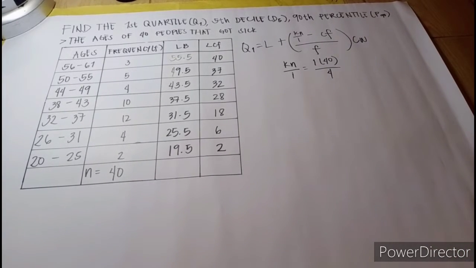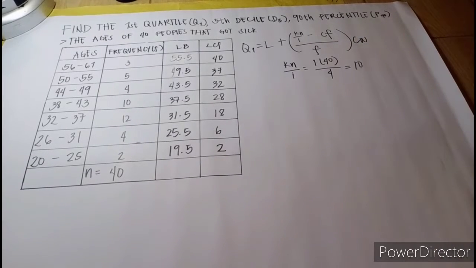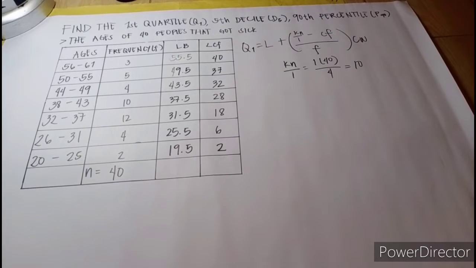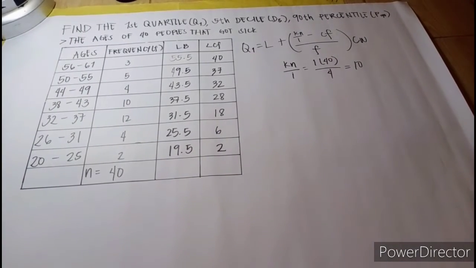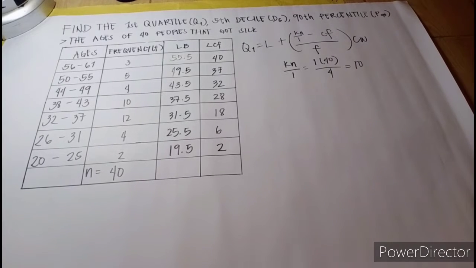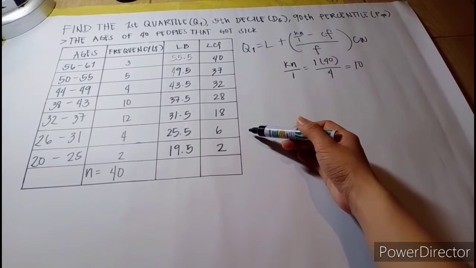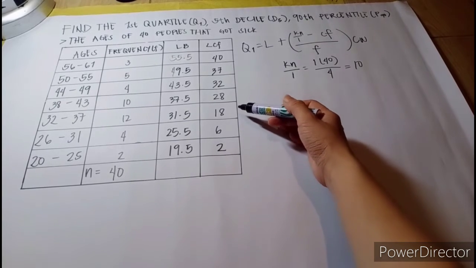So 1 times 40 over 4 is 10. Since we get 10, we look for where 10 belongs in these classes, using the cumulative frequency. 10 is in between 6 and 18, but we take the higher number, which is 18.